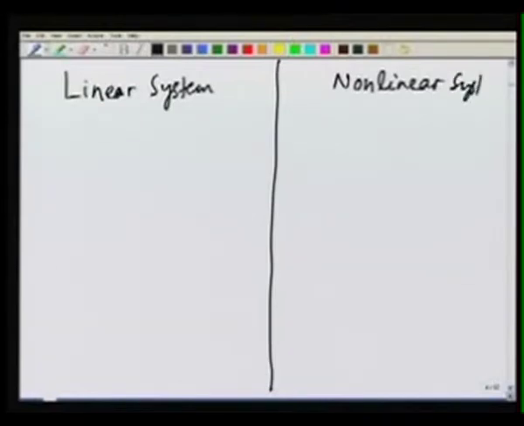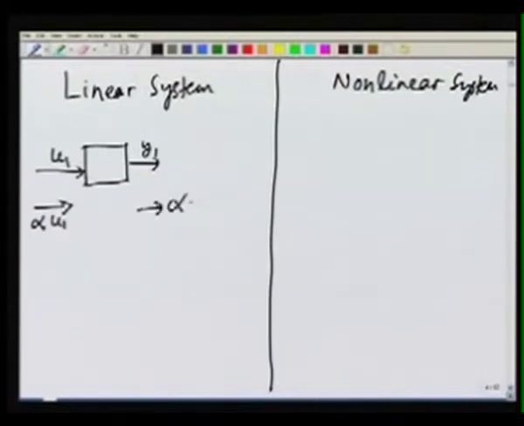If I give u1, I get y1. If I give alpha u1, then I also get alpha y1.